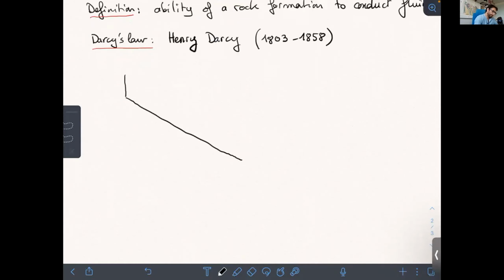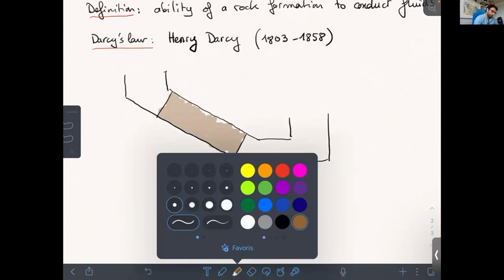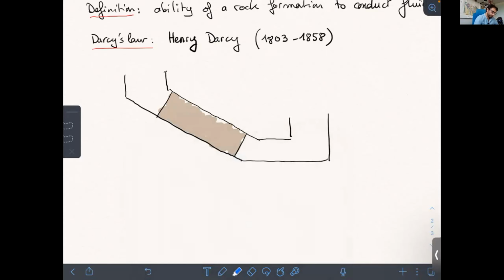I'm going to draw it here for you, where he had a system like this with a porous media here, sand typically, connected to two levels of water.